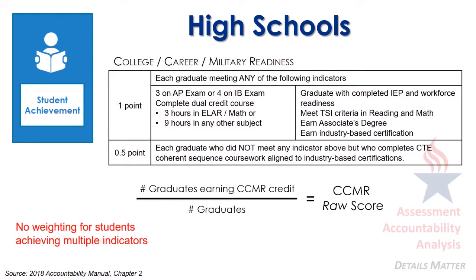Students achieving more than 1 indicator still accrue only 1 point. More importantly, every indicator is considered equal, so a student who earns an associate's degree, the equivalent of 2 years college credit, counts the same as a student who completes a single 3-hour dual-credit math course, the equivalent of only 1 college math course. The simplicity of allowing a maximum 1 point per student potentially understates high-achieving students.